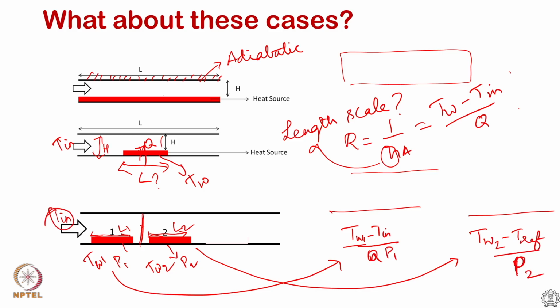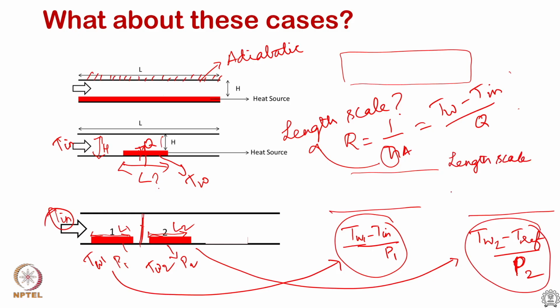So, what becomes challenging is that as you have more heat sources, whether the standard definition of resistances will work for this, or this definition of reference. So, we encounter two situations: finding out what the length scale is, and what my reference temperature is, that I need to use to define a resistance.